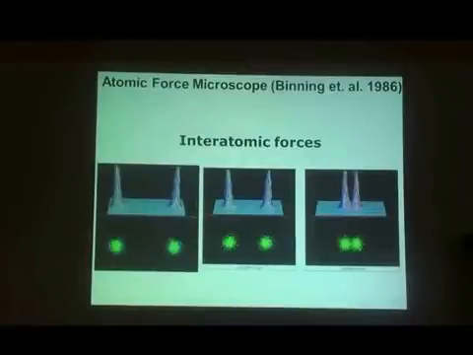In the case of the atomic force microscope, what we are going to monitor is the force between the atoms of the tip and the atoms of the surface. If you consider these two atoms very far apart, there won't be any interaction forces between them.